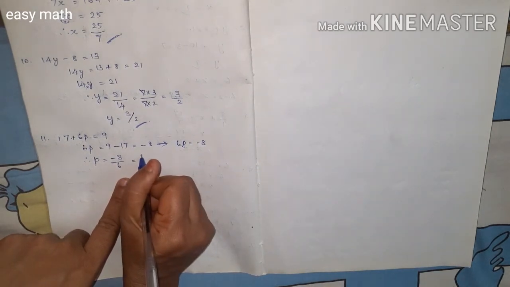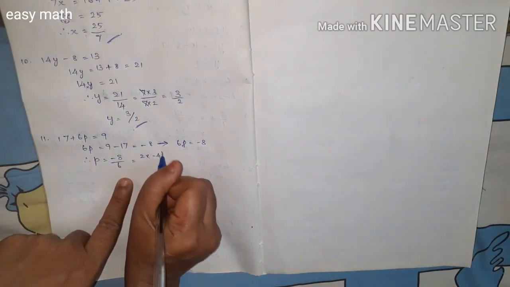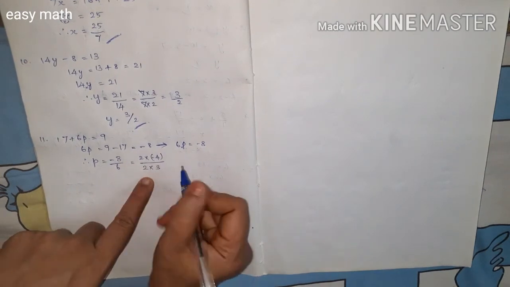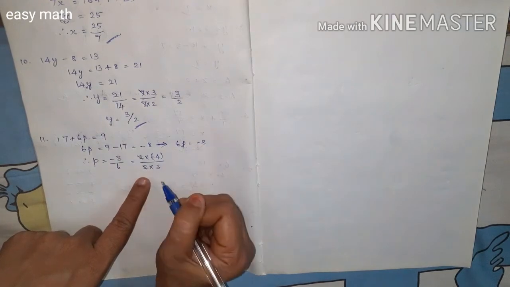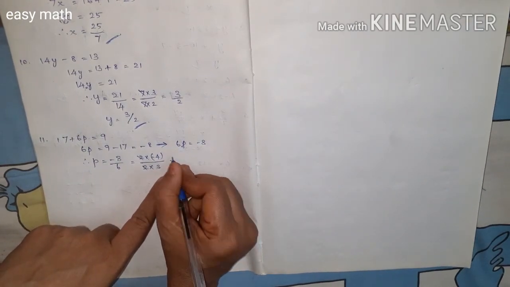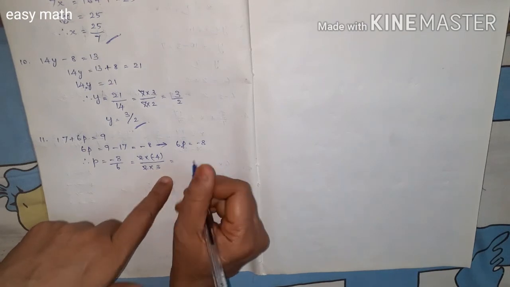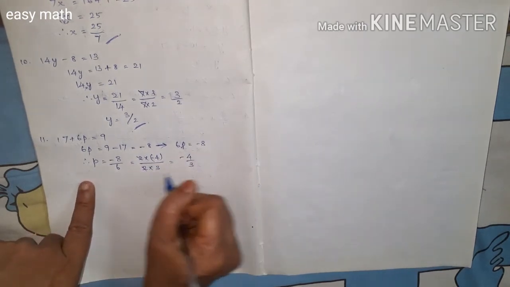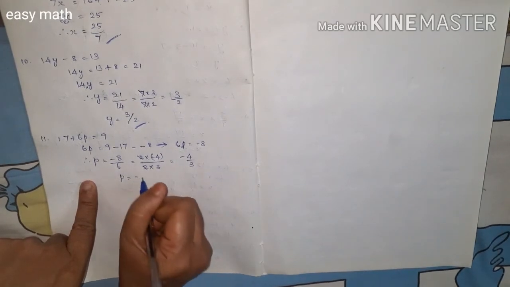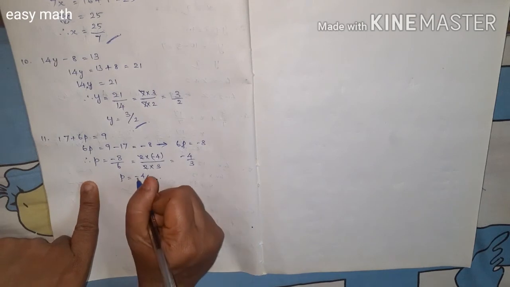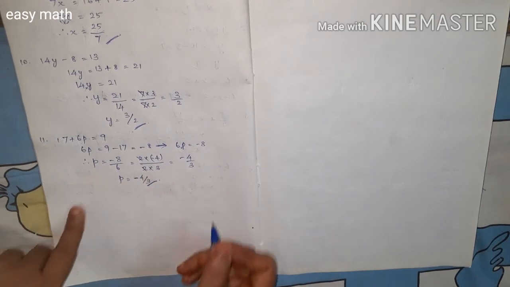So 2 into minus 4 by 2 into 3. We can cancel this 2. So we will get minus 4 by 3. That is p equal to minus 4 by 3 is the answer.